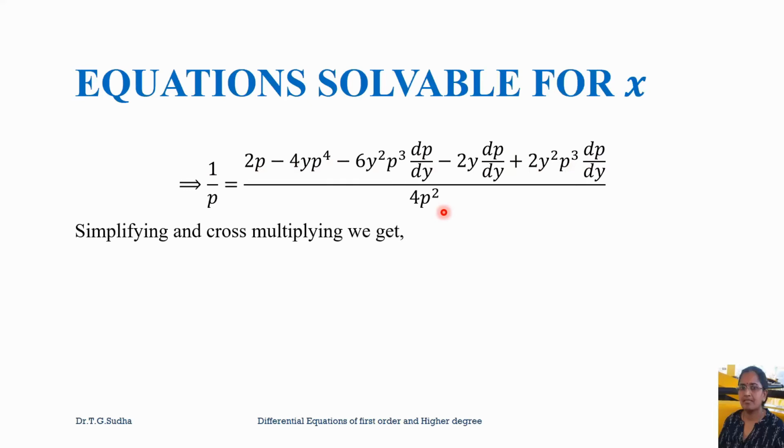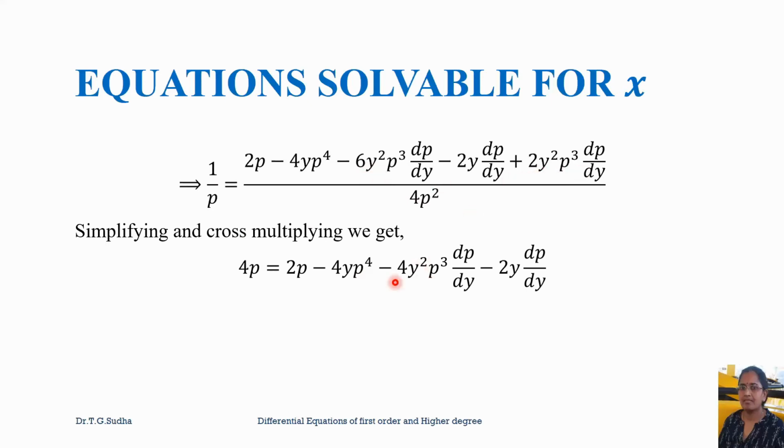Next we simplify and then cross multiply to get. So here we can cancel out 1p in both the denominators, and when we cross multiply we get 4p is equal to 2p minus 4yp power 4 minus 4y square p cube, because here you have minus 6 times and here we have plus 2 times.